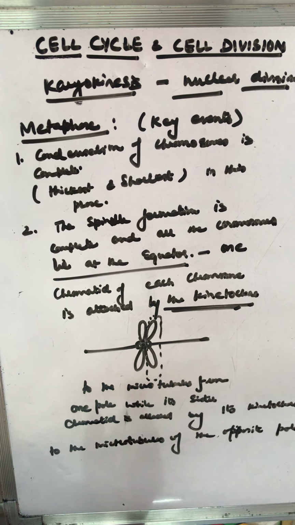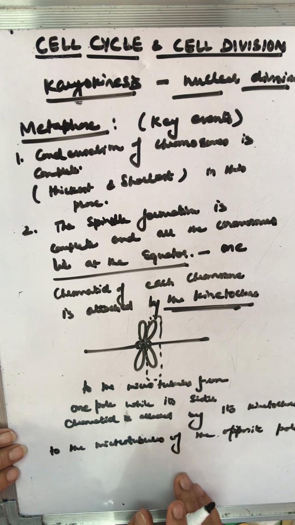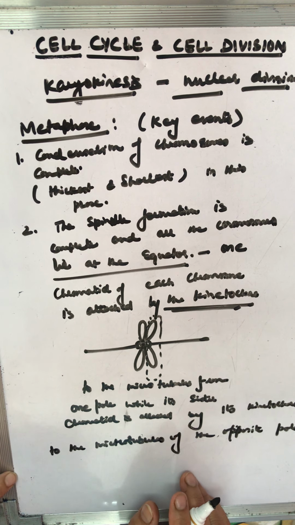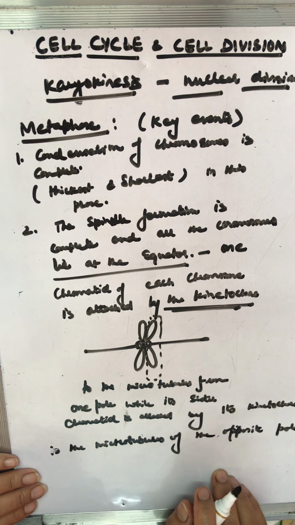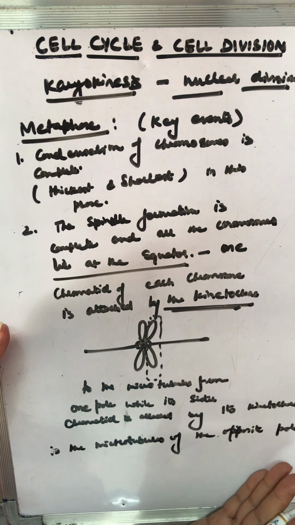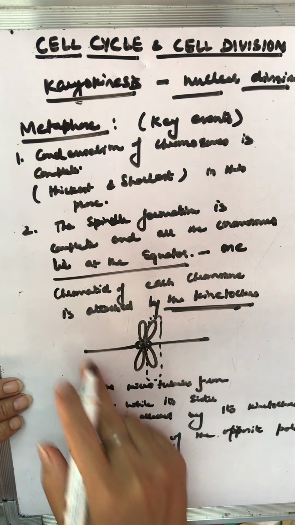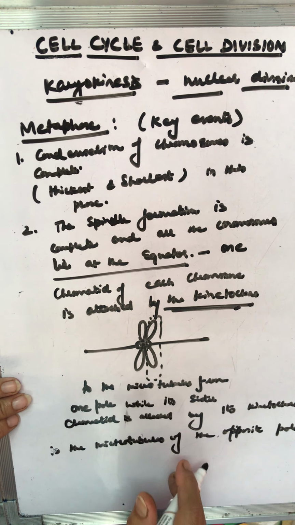Alright, so what are the key features? Spindle fibers attached to the kinetochore of the chromosome, and chromosomes are moved to the spindle equator, getting aligned along the metaphase plate through the spindle fibers to both the poles. How is this arrangement seen in a diagram?